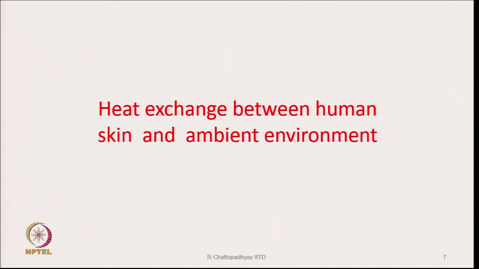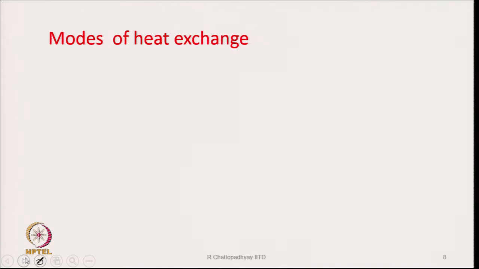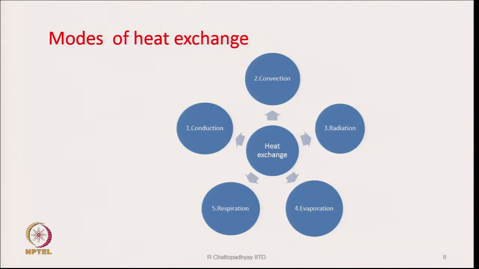Now, heat exchange between human skin and the ambient environment. The modes of heat exchange: here in this slide we are showing the different ways heat can escape from the human body to the environment, or in some situations the body may receive heat from the environment also. If the environmental temperature is more than the skin temperature, then there is a heat flow from the environment to the human body.